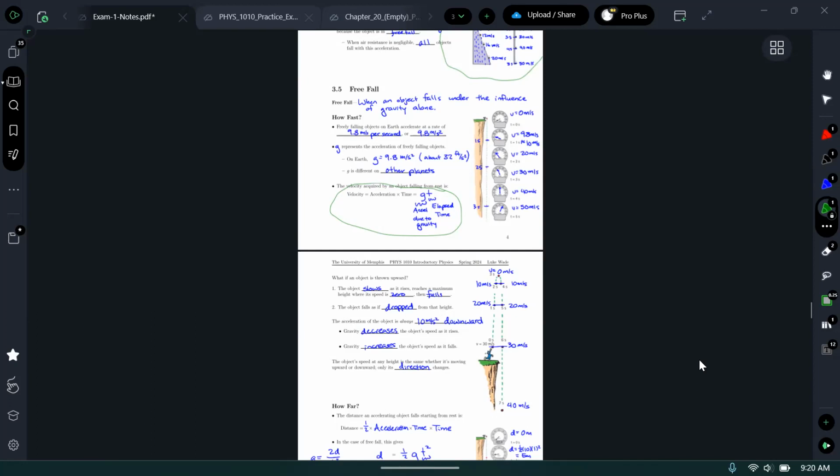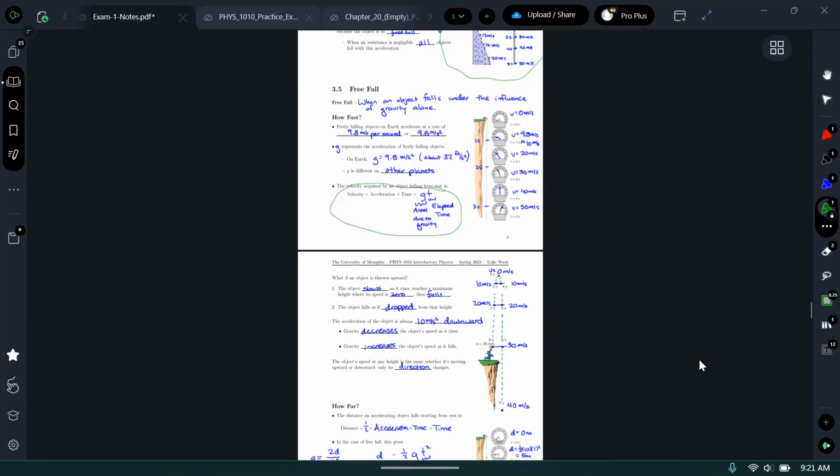Is it 10 minutes per second? It's 10 meters per second each second. So if I throw a ball at 30 meters per second, how long does it take to reach the top? 3 seconds. Because each second that passes, 10 meters per second of that velocity is shaved off. So you go from 30 to 20, and then to 10, and then to 0.